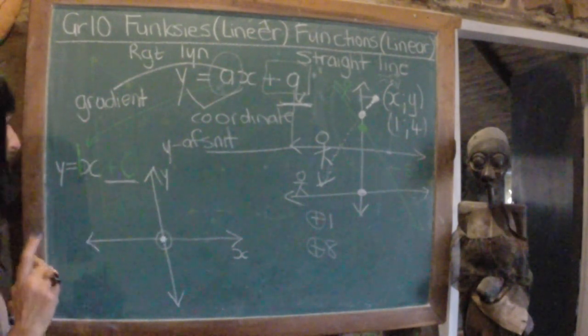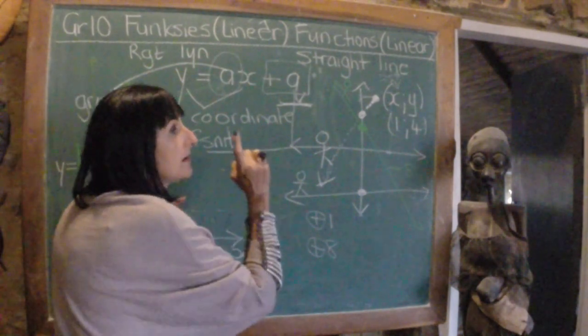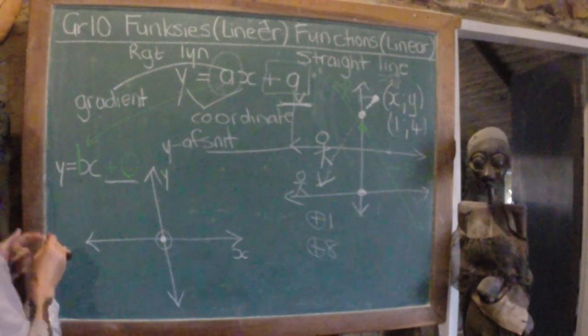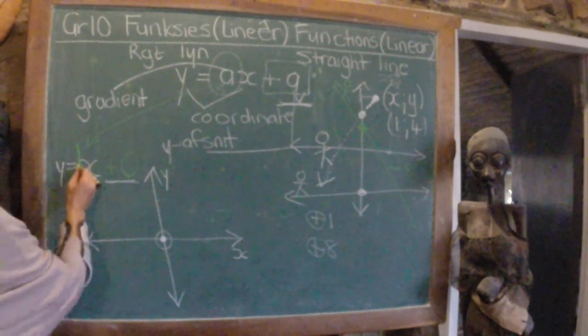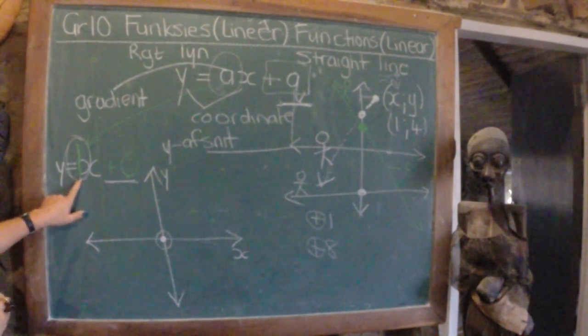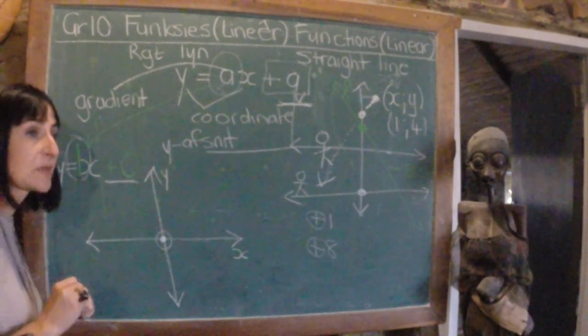Maar nou moet ek nog uitfigure hoe skuins is my lyn. Nou my lyn se skuinste word bepaal deur my gradient. The gradient will show me how steep this line must be.